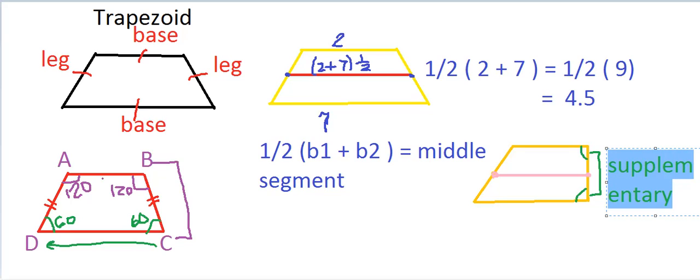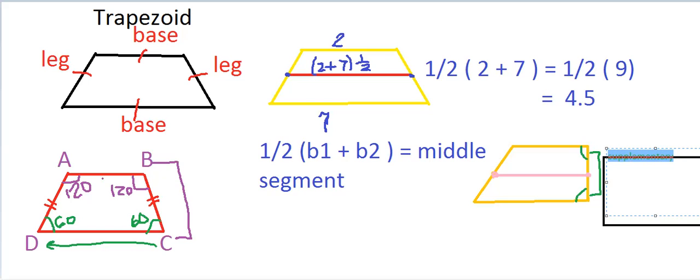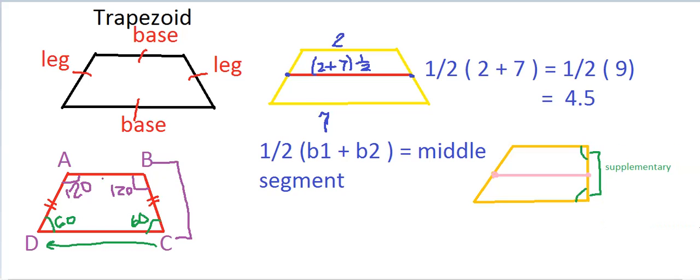Let's decrease the size of the text so that we can read it well. They are supplementary, so what is the measure of the angles? When we say supplementary, the angles add up to 180.